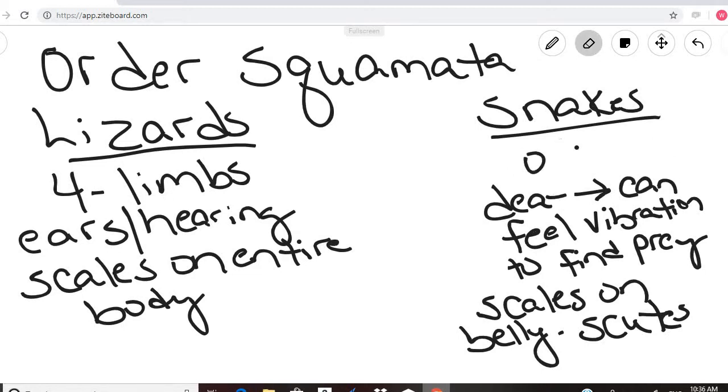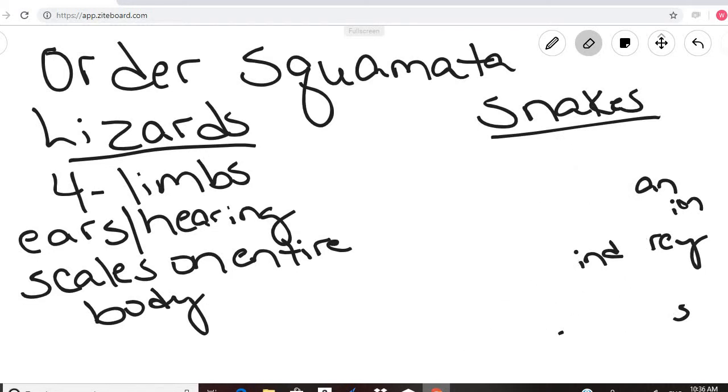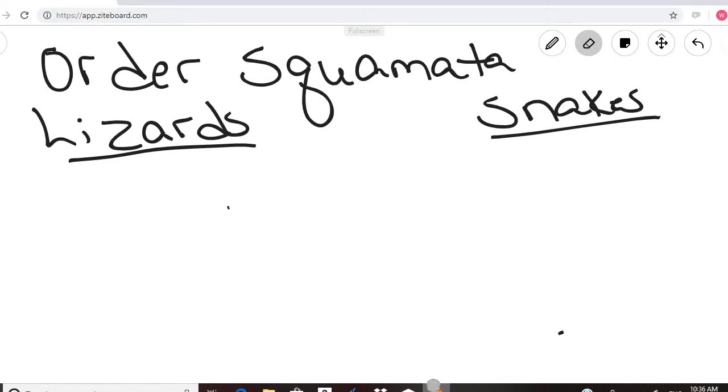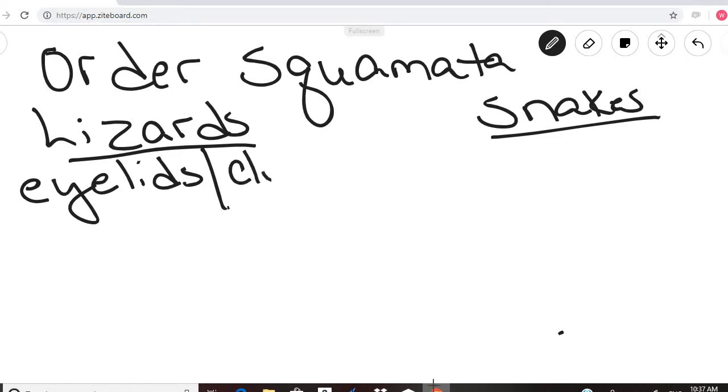Okay, a few more differences that we'll list here between lizards and snakes. So lizards have eyelids and they can close their eyes. And snakes have no eyelids, so they don't close their eyes.